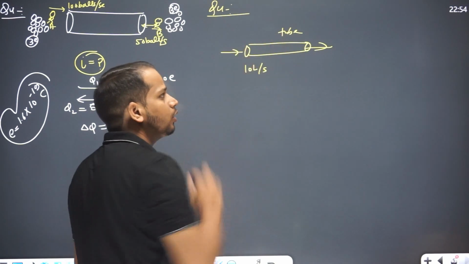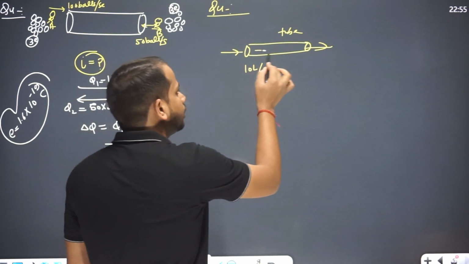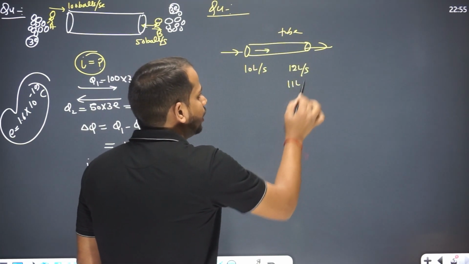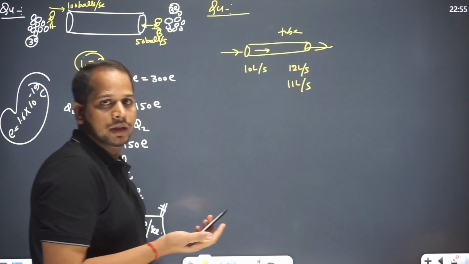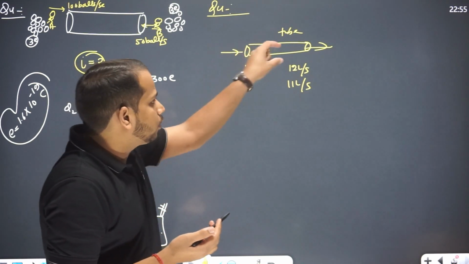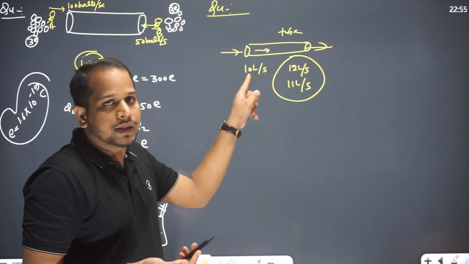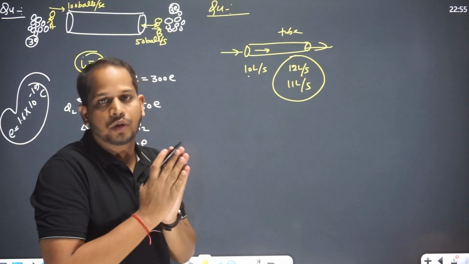This is the capability of this one, 10 liter water per second. But when we start flowing, say, 12 liter water per second, 11 liter water per second, is it possible with this one? No, it's not possible. When you start flowing more than this quantity, what will happen? It will blast, right? So that's why the capacity is important.